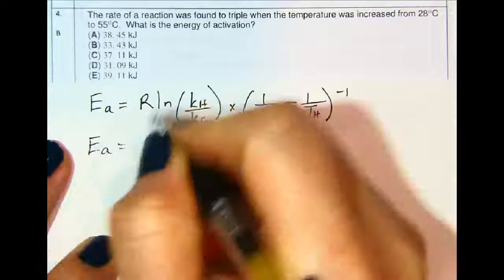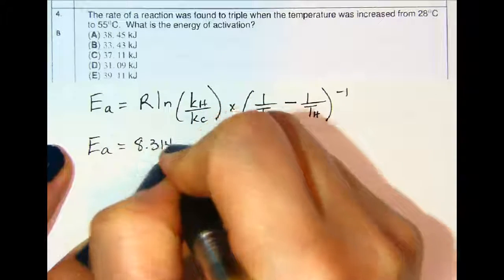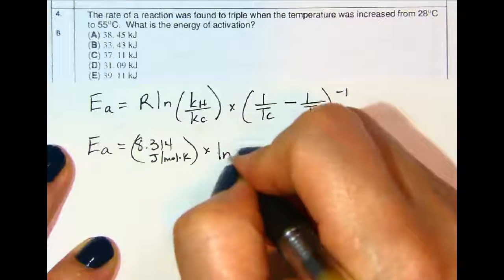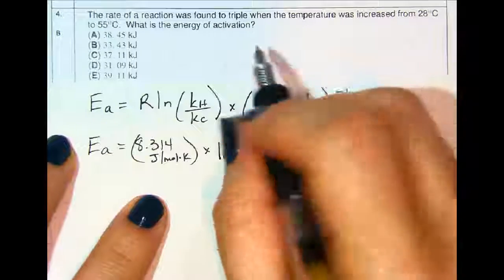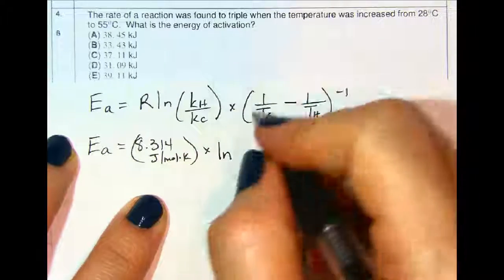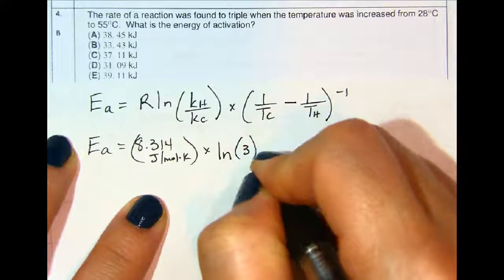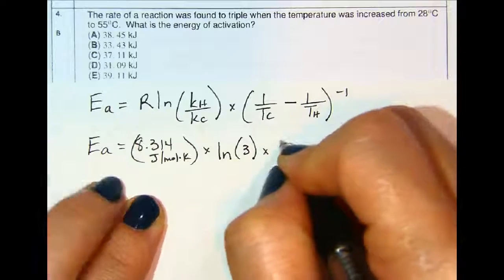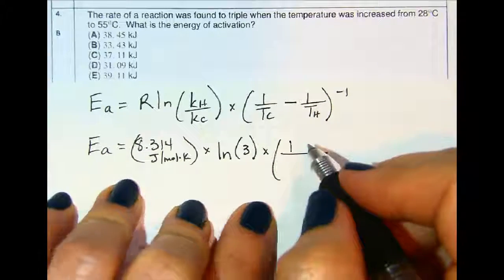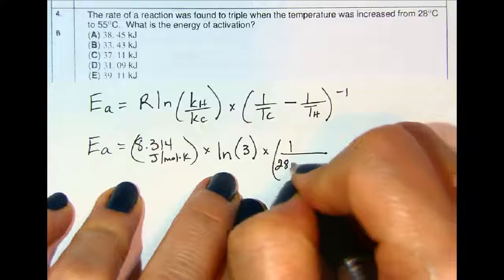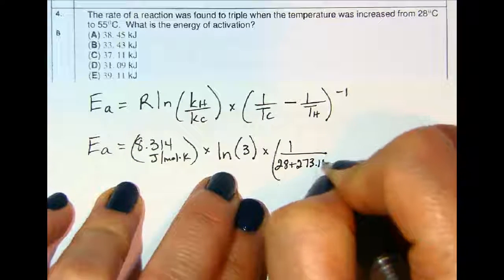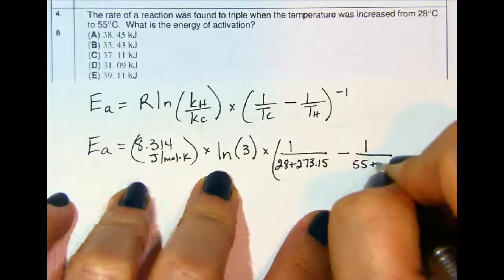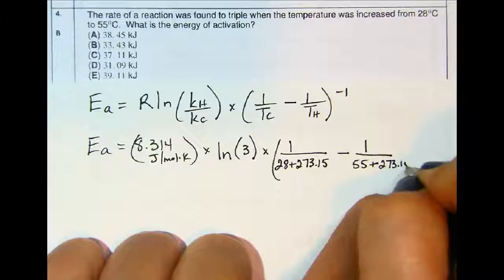The activation energy will equal, R is 8.314 joules per mole Kelvin, times the natural log of, and they tell us that the rate was tripled, and so we can say that it was raised by a factor of 3, and so this is going to be equal to 3 times 1 over the colder temperature, 28 degrees, and make sure we change it to Kelvin by adding 273.15, minus 1 over the hotter temperature, which is going to be 55 plus 273.15.